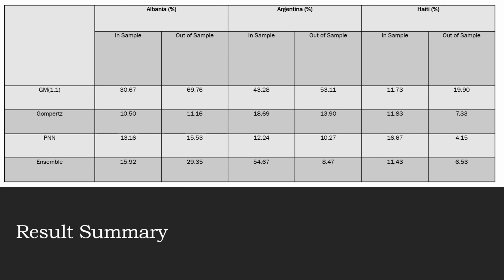And for Haiti, the Gompertz would be the most ideal, simply because it fits and forecasts reasonably well, whereas the polynomial neural network doesn't fit the data quite well, but actually forecasts very well.